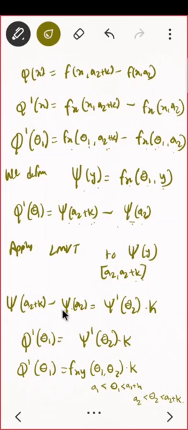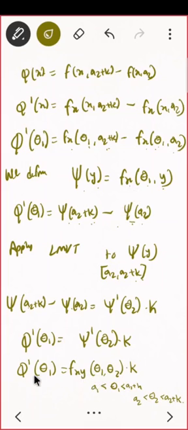So if I apply that, I will have their subtraction equal to psi dash of theta 2 times k, and their subtraction is phi dash of theta 1, which is equal to psi dash of theta 2 times k. What is psi dash? Psi of y is this, psi dash will be differentiation with respect to y, so that is fxy. So that is fxy at theta 1 theta 2, times k.